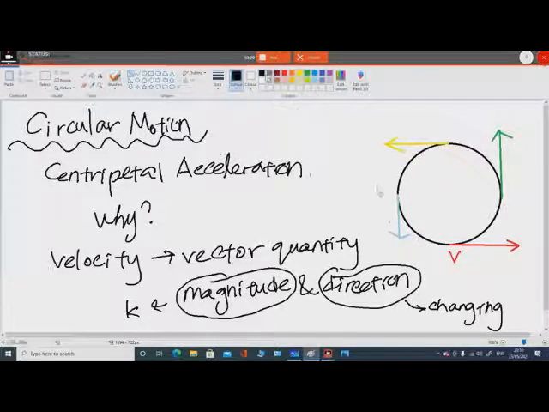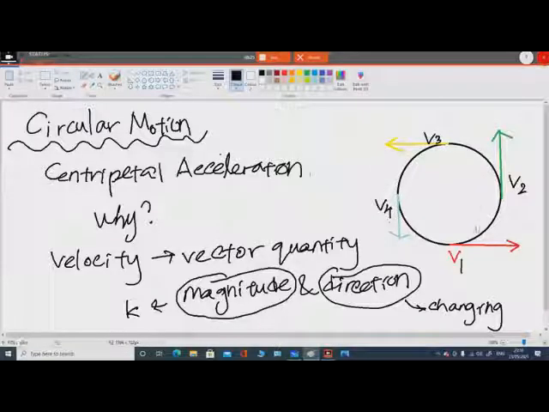So this is considered as V1, this is my V2, this is my V3, and this is my V4.